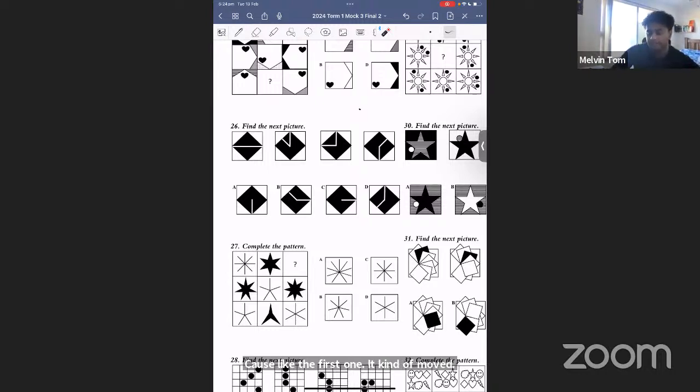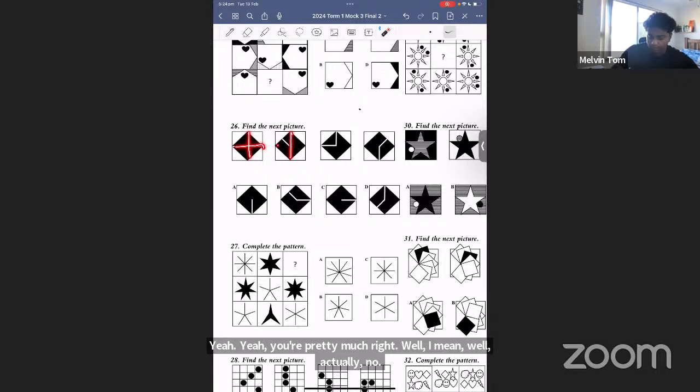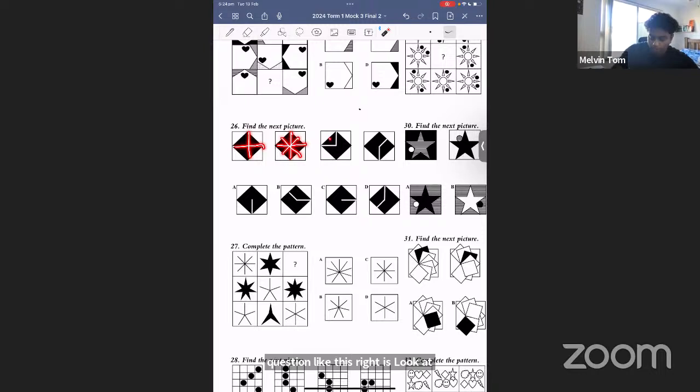Well, actually, no. Whenever you see a question like this, look at the two different ways that this could be mapped. In question number 26, the map could either be a four-sided map like that, or an eight-sided map like this, or a four-sided map like this.